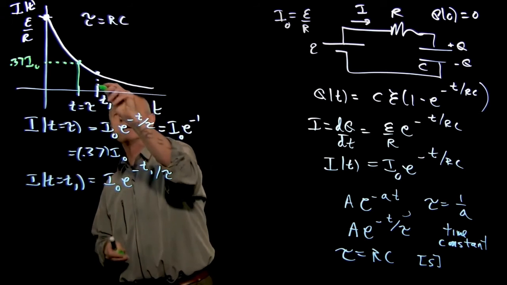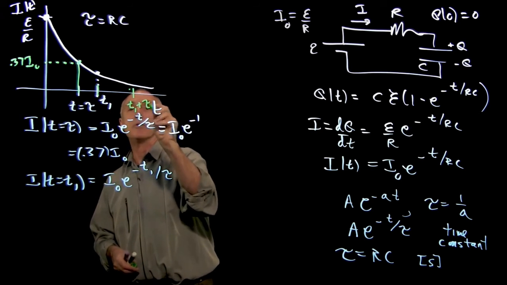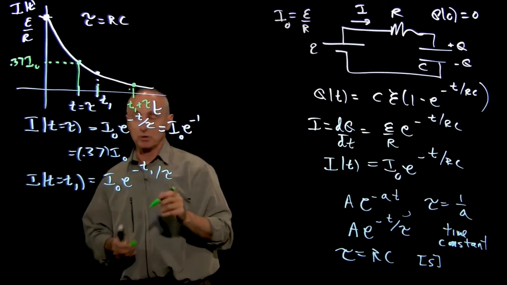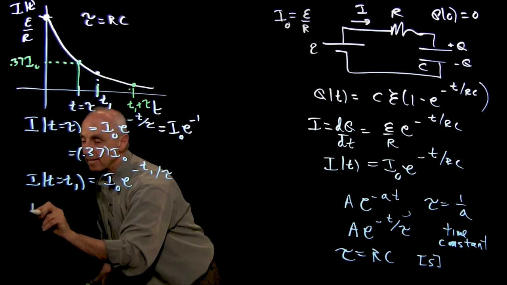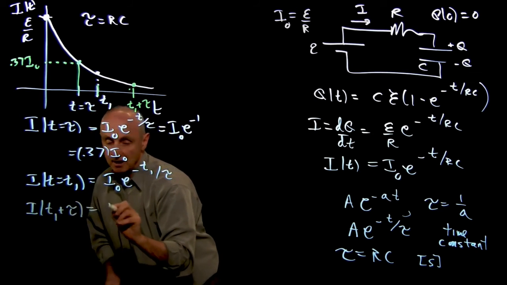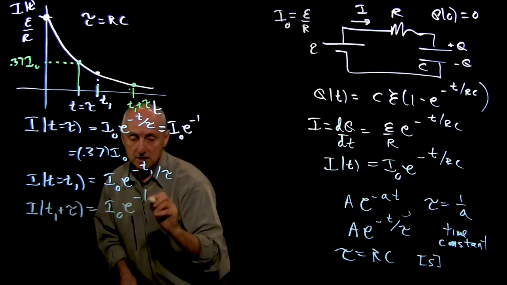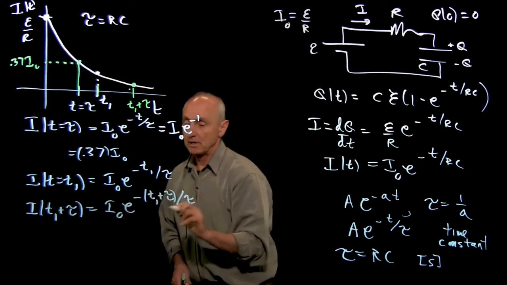So let's go to the point t1 plus tau. And let's see what the value of the current is at that point. So I at t1 plus tau is I naught e to the minus t1 plus tau divided by tau.